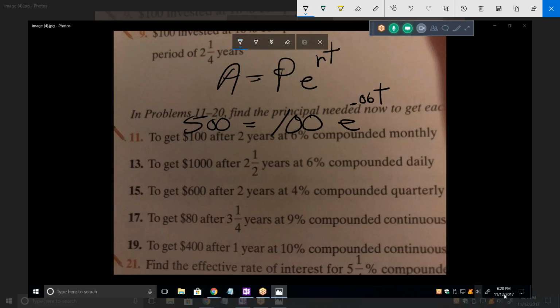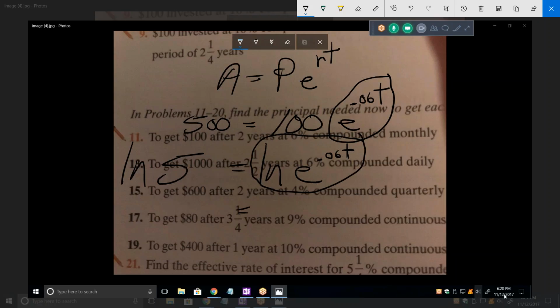I'm not sure. Divide both sides by 100. In other words, before we can use logs, we got to get that isolated. So yeah, that's true. I got to get this. Now, if I take the natural log of both sides, I can then use the rules of logs to bring that 0.06t down in front on the algebra line.